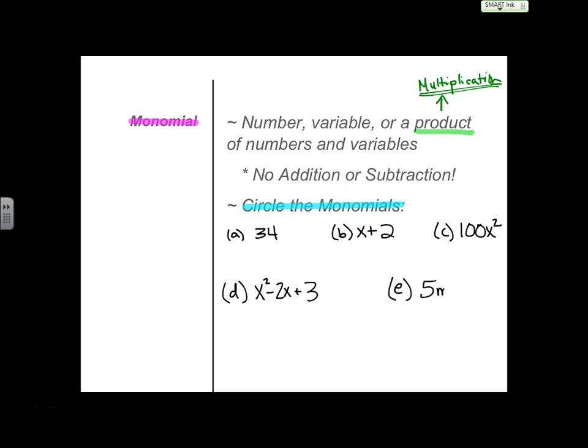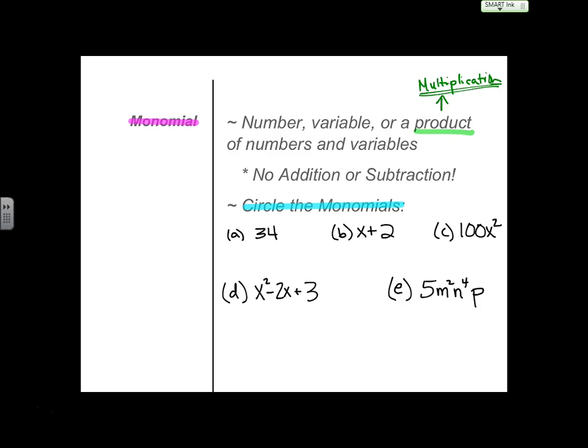A monomial is either a number, a variable, or a product, multiplication of numbers and variables. It doesn't say how many.